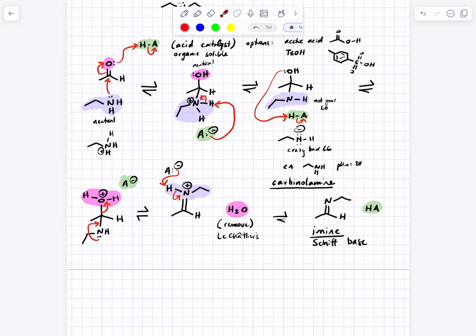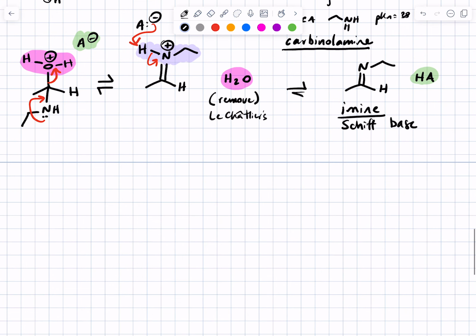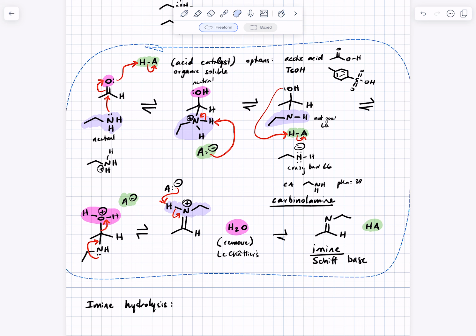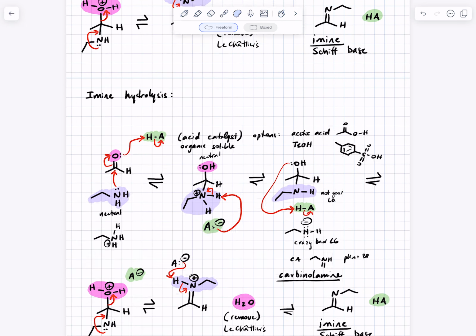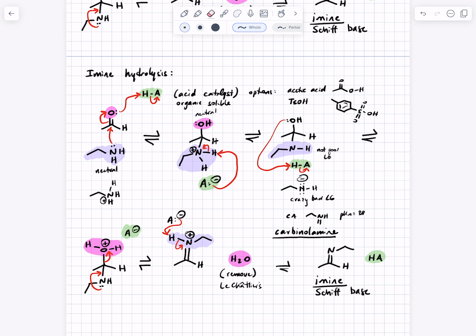Okay. The fun thing about imine hydrolysis, you're not going to like this, even though I'm going to show it. The fun thing about imine hydrolysis is it's the microscopic reverse of imine formation. So it turns out when you draw a mechanism and a reaction is reversible like this, the intermediates for the backwards reaction are exactly the same as the intermediates for the forward reaction.